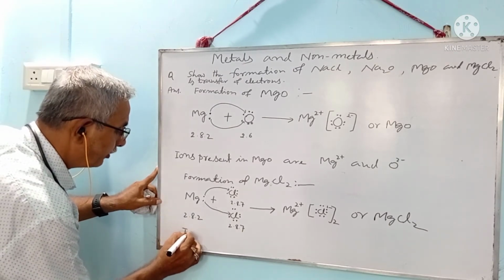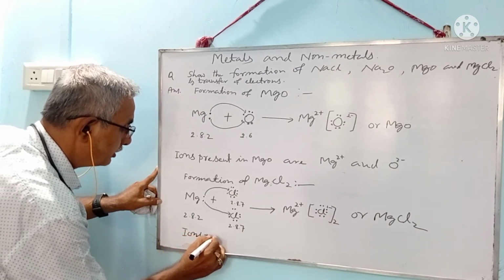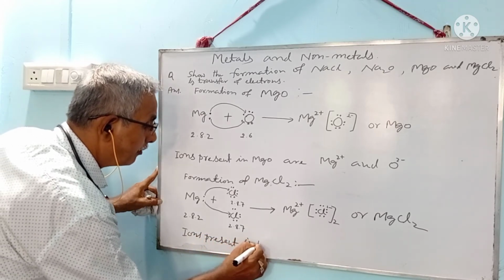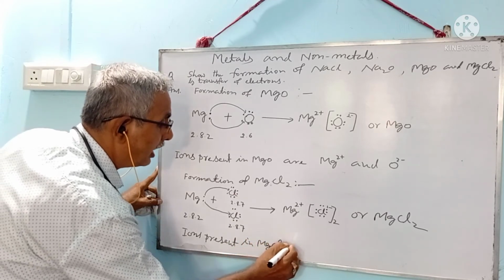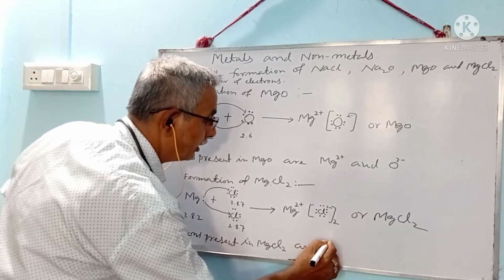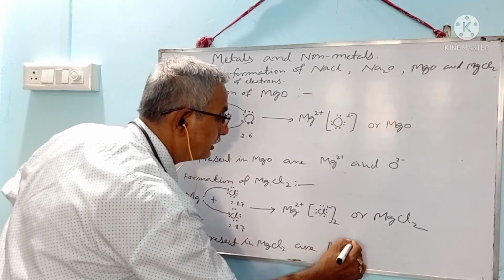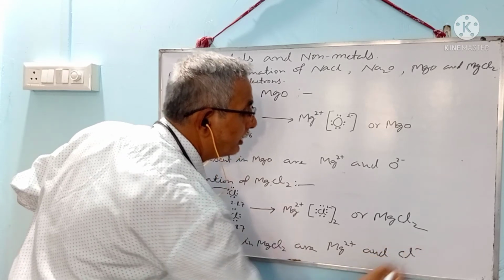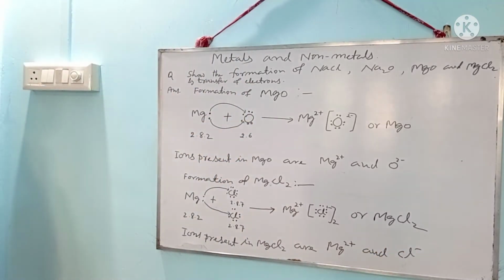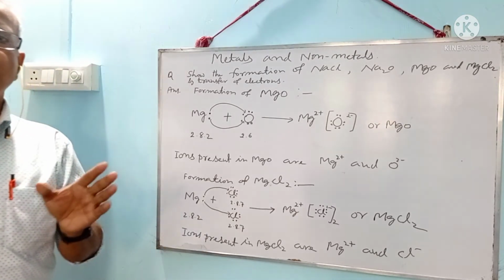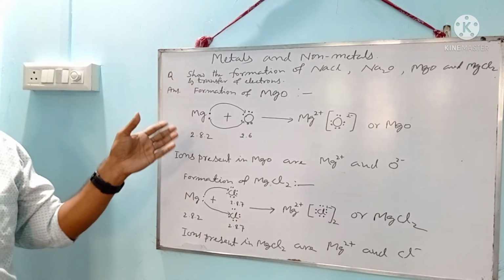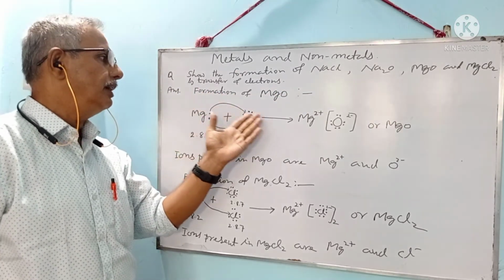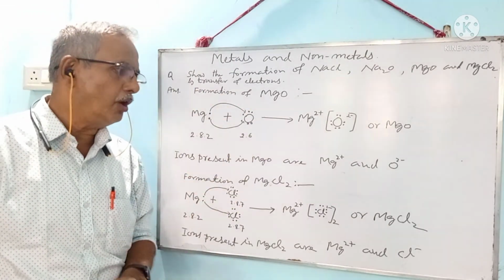Now what are the ions present here? Ions present in magnesium chloride are Mg 2 positive and chlorine 1 negative. So in this way I have taught electron dot structure of 2-3 atoms and formation of some compounds by transfer of electrons from metals to non-metals.